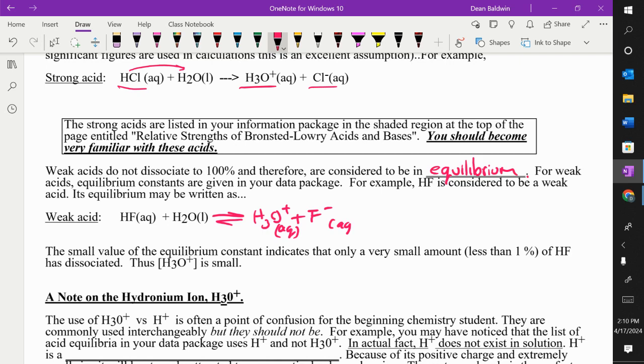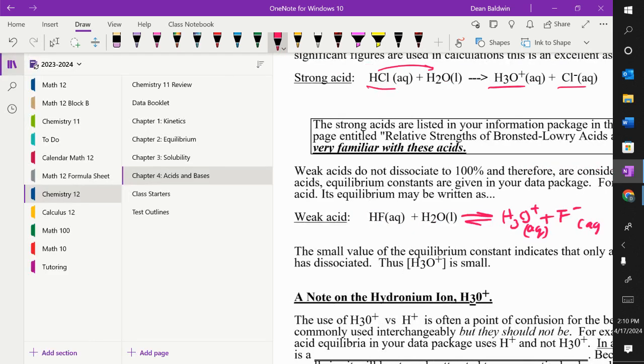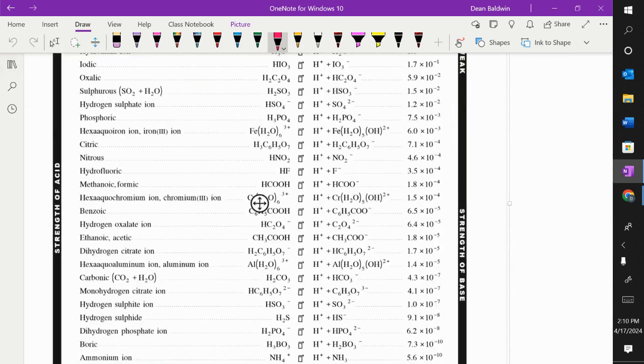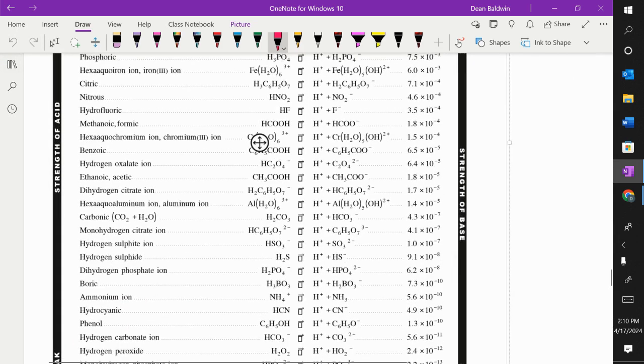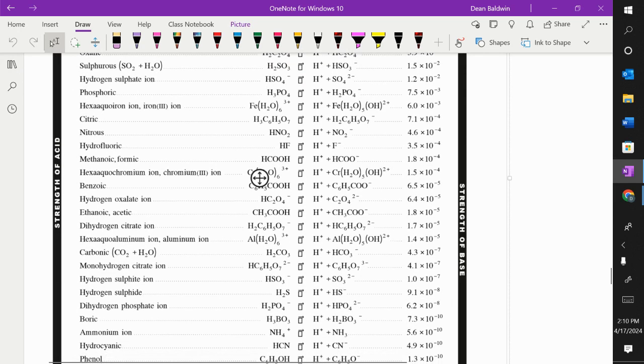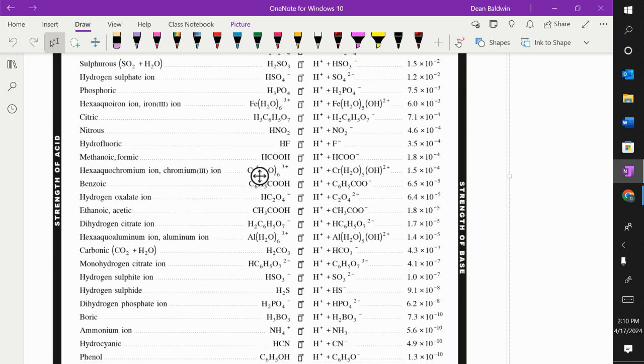And what is the equilibrium constant for HF? Oh, 6.7 times 10 to the minus 4. We might as well look it up. Where's HF? Does anybody see HF? Oh, right. 3.5 times 10 to the minus 4.